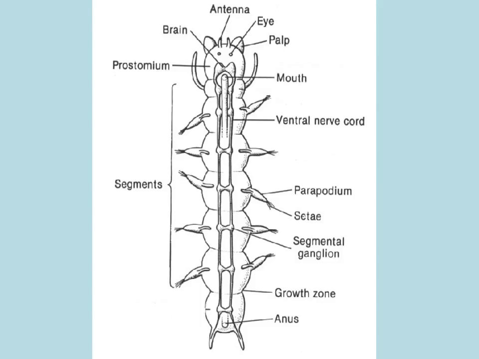If you see a segmented animal with appendages on both sides of the segments, with little hairs coming off of them, then you know that you're looking at an annelid, and a polychaete annelid.